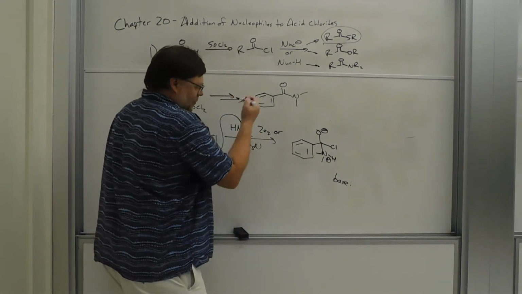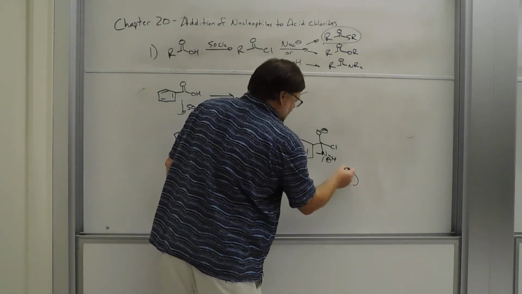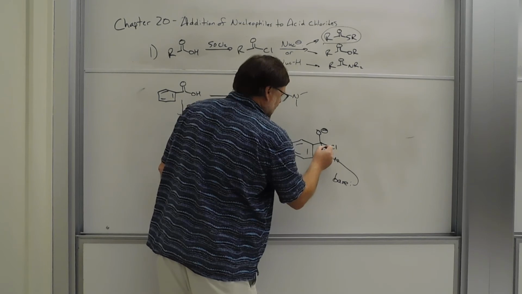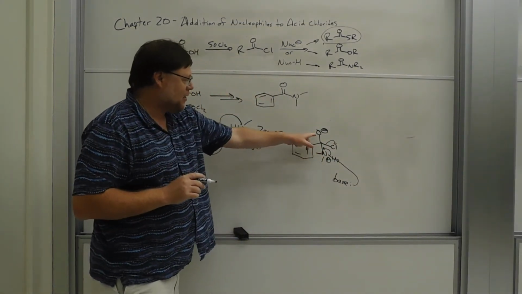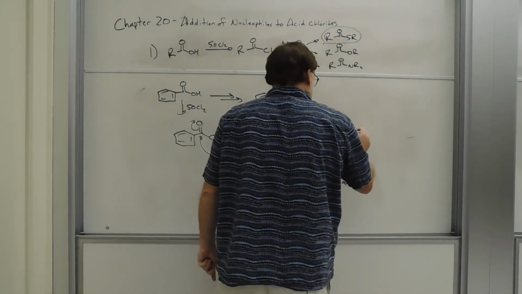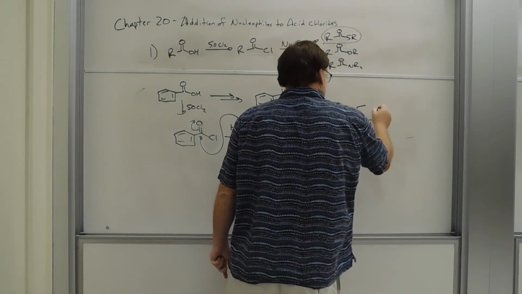So we're going to have some base. It can be any base. And then this base is going to take this proton. It's essentially an E2 elimination. This looks weird, I know. You're taking this proton, you're leaving an O minus. Let me show you what this gives.